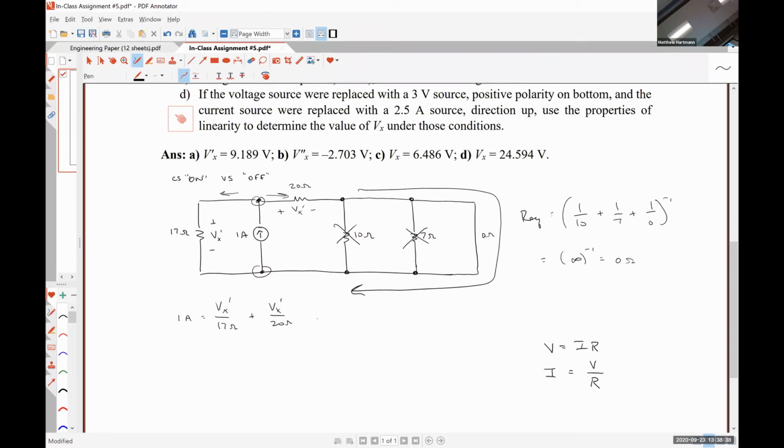And so we could do some algebra here, and this would be 1 amp divided by 1/17 plus 1 over 20. Is that right?